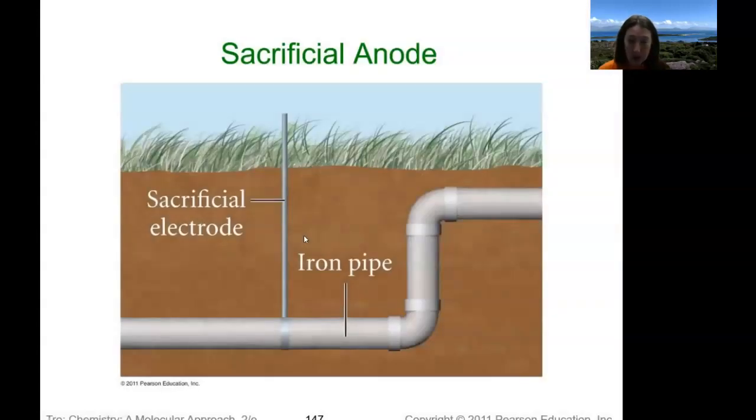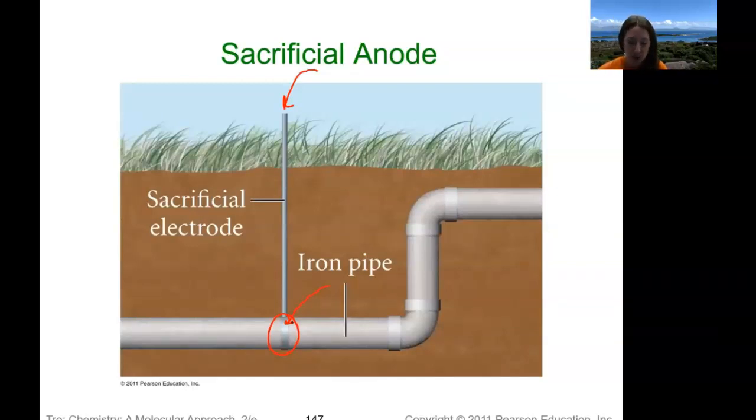Now, what about in pipes? Sometimes the pipes are made of iron. What they'll do is coat the pipe, or actually, it's expensive to coat the pipe, so they'll inject a sacrificial electrode. You see this coating right here. This will corrode first, because it can be anything below iron on the reduction table, like magnesium, aluminum, or zinc.